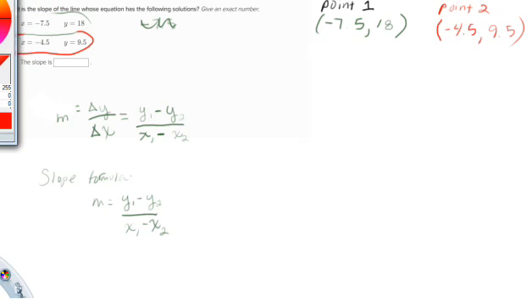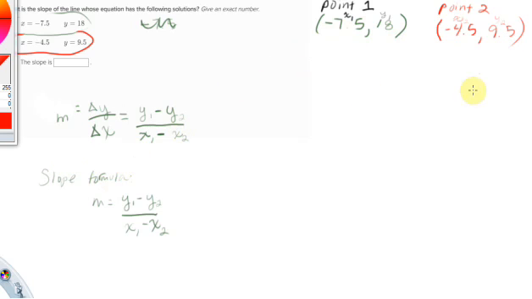Because this is the x-coordinate of point 1, I'm going to label it x1. This is the y-coordinate of point 1, so I'm going to label it y1. You can probably predict what we're going to label these. This is the x-coordinate of point 2, x2, and this is the y-coordinate of point 2, I name it y2.